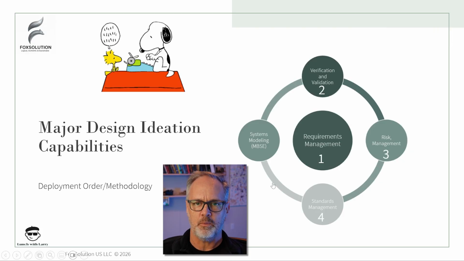Standards management, how do we integrate external standards management? It would be next week. And then systems modeling, our model-based systems engineering, how do we construct a formal graphical understanding of the device function and how the different functions relate to one another and how that relates then to the requirements. Again, that's the positive view of the design. What do we need the design to do rather than what do we need it not to do?